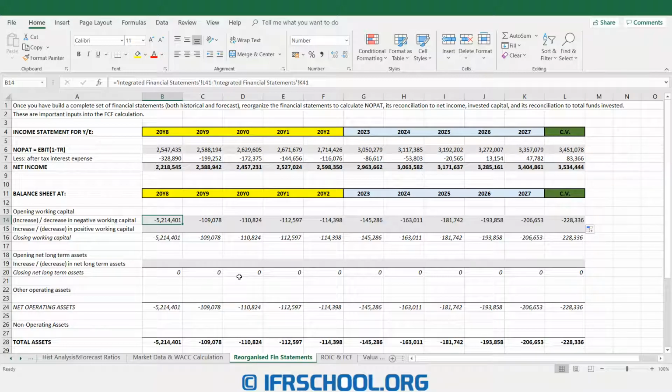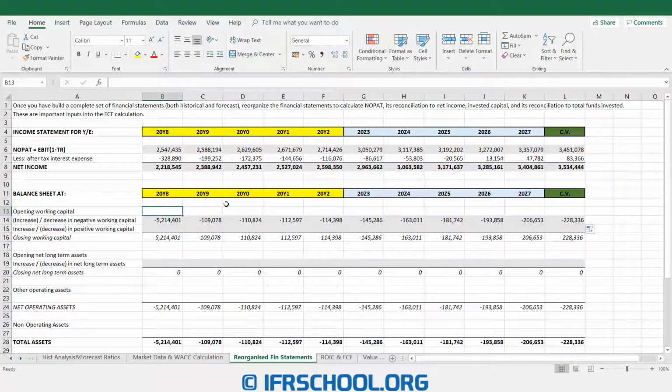In the case of Tesscow, we can see its negative working capital is getting more negative year on year. And this makes sense. Tesscow is a major grocery retailer. It has significant market power. It can use that market power to negotiate or to push its suppliers for better credit terms.